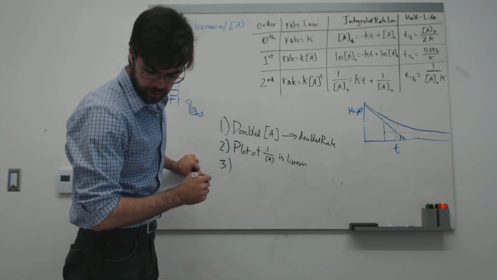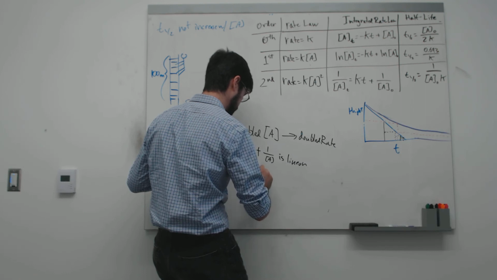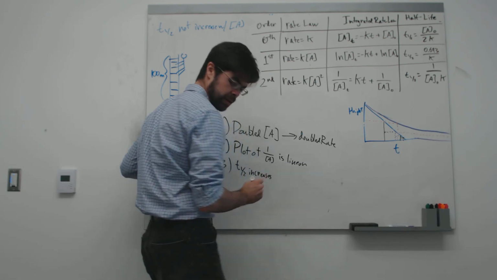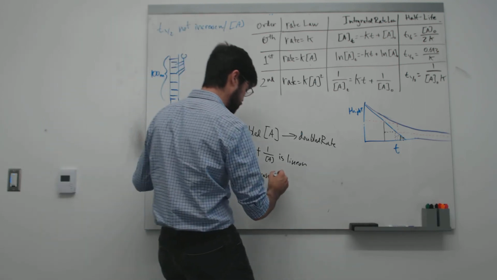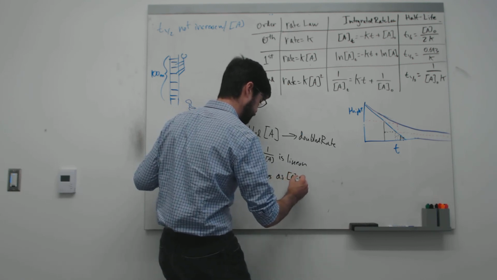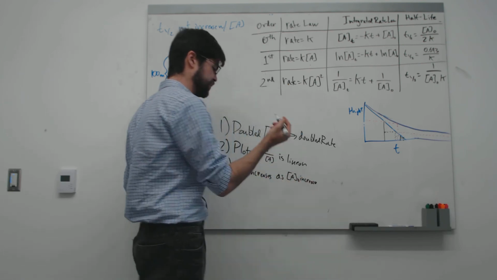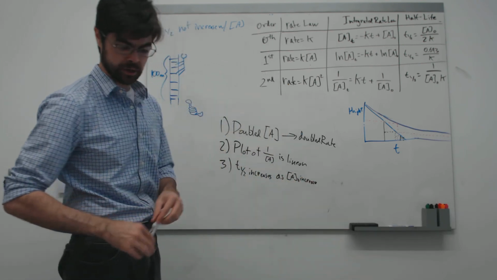And three, T1/2 increases as your initial concentration increases. I mean, your half-life gets longer as the initial concentration increases.